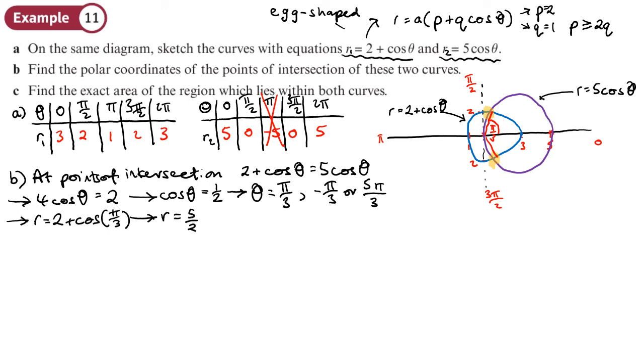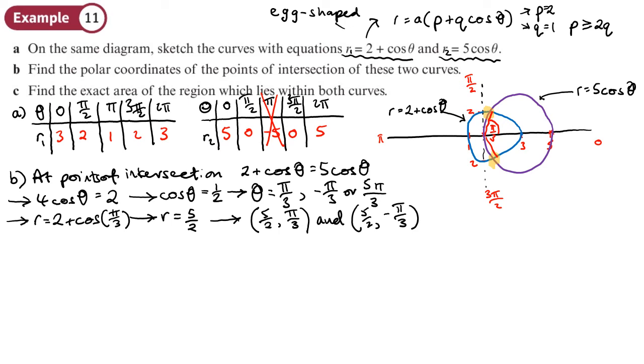So these points of intersection as polar coordinates are (5 over 2, pi over 3) and (5 over 2, negative pi over 3), or 5 pi over 3, whatever you like. Now part C says find the exact area which lies within both curves.